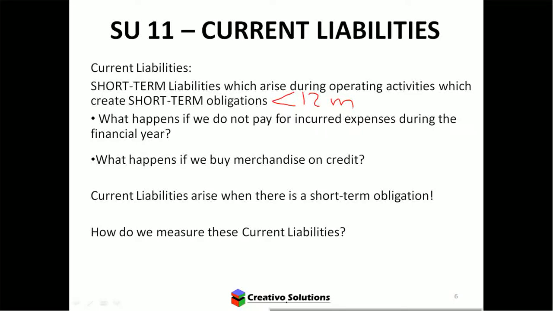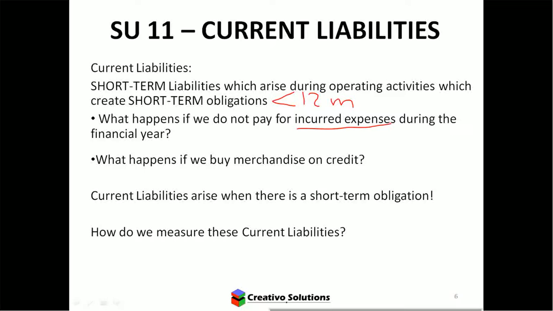Okay, what happens if we do not pay for an incurred expense? An incurred expense is something that we've used. Remember when we spoke about financial performance, income is recorded when we earn it, and expenses are recorded when we incur it. Here's the question: water and lights.